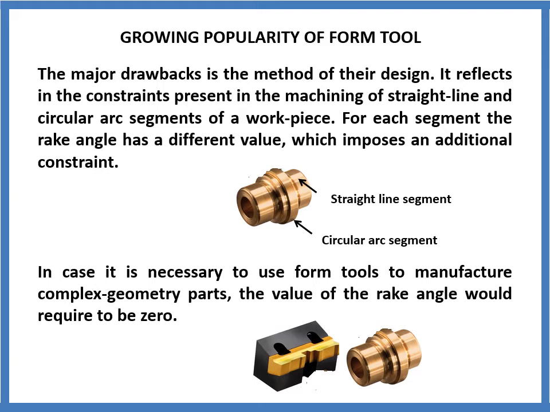Thereby, finally we can find out the depth of the form tool, which is measured normal to the front clearance face, which you will find is less than the actual depth.